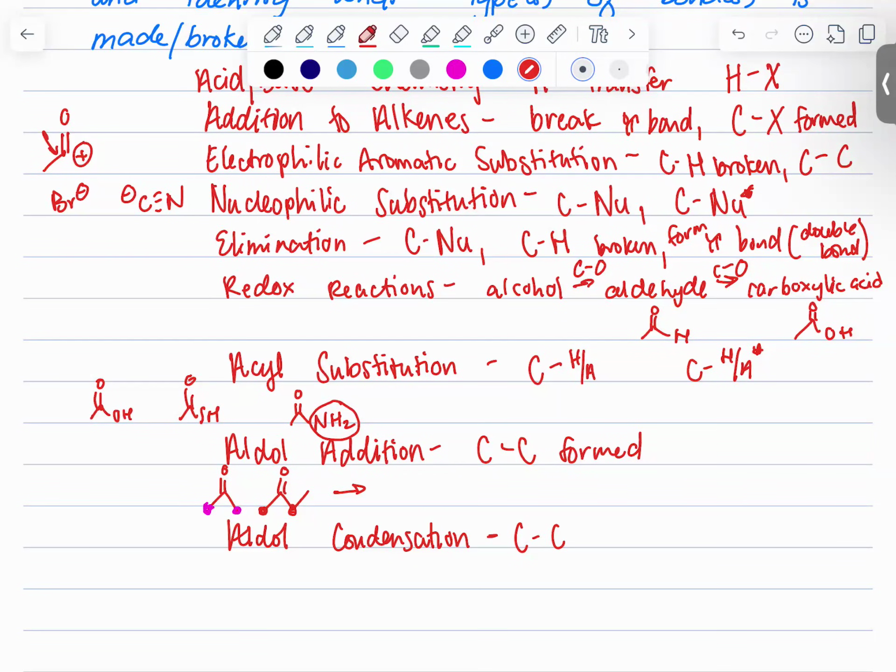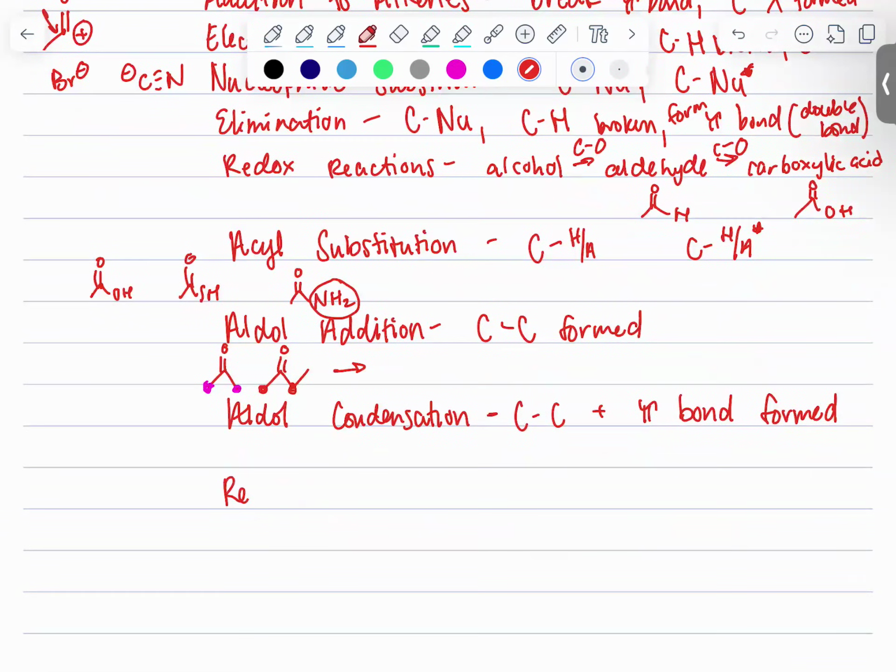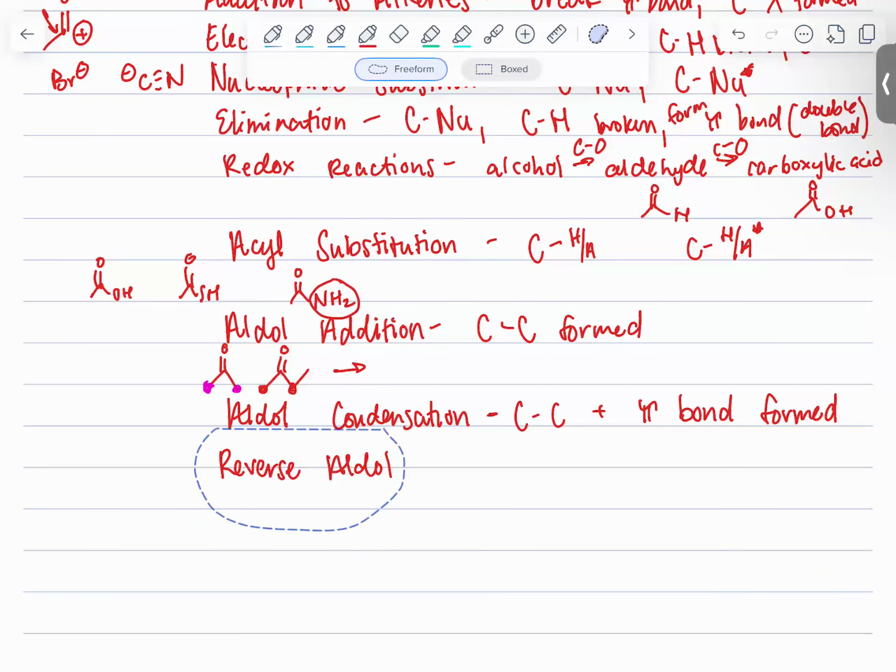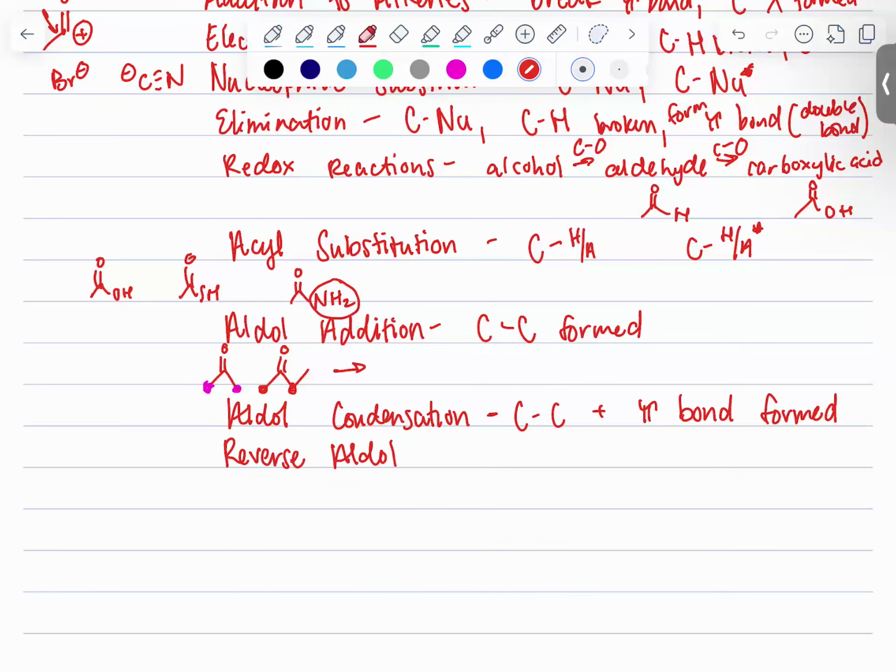Makes double bond. Reverse aldol. We'll focus more on, what's up? Yes. Which bonds will be broken?